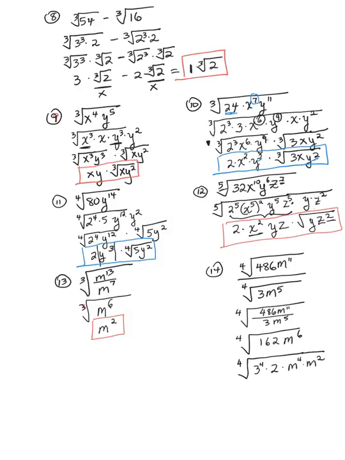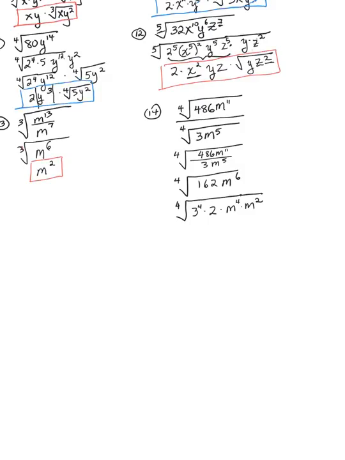So our answer there is the 4th root of 3 to the 4th m to the 4th times the 4th root of 2m squared. And the answer there is 3m times the 4th root of 2m squared. And again, because 4 is even, there should be an absolute value there. I should say because the index 4 is even, there should be an absolute value there.